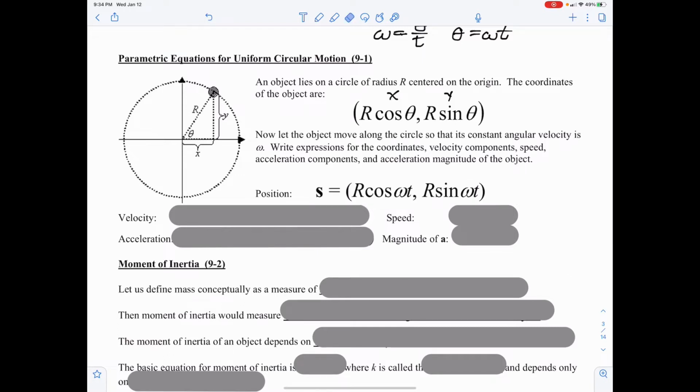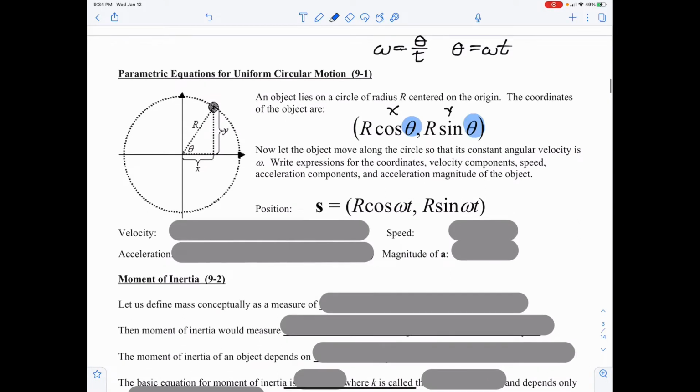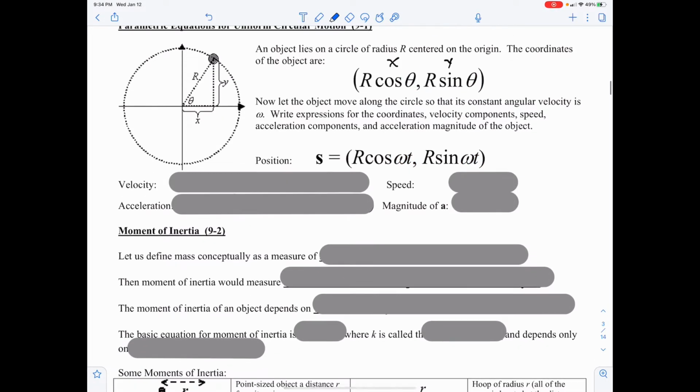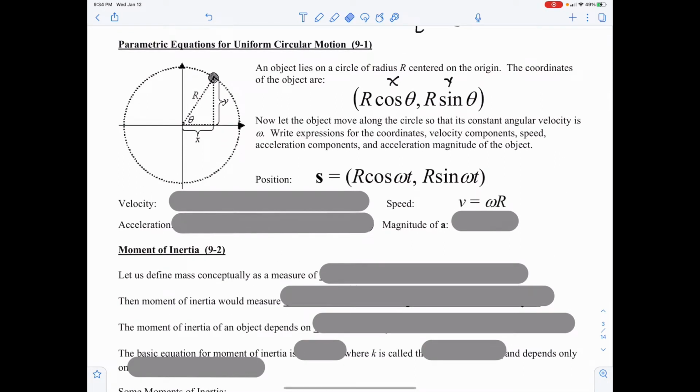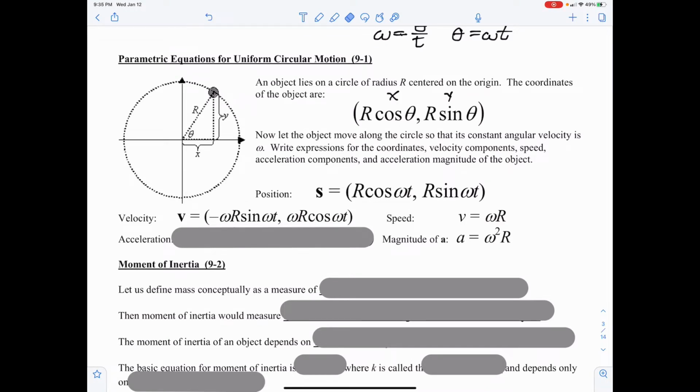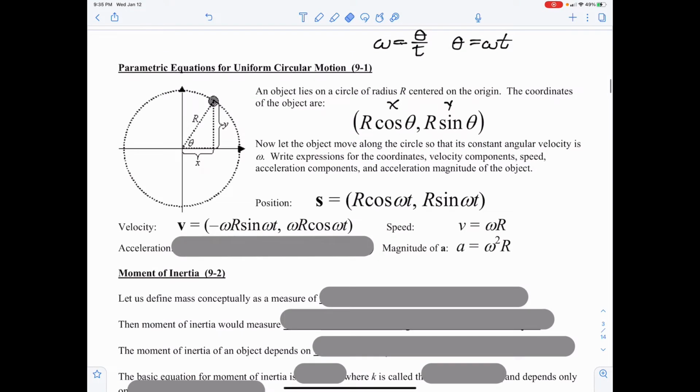Well, for the position, we're going to substitute theta for omega t using that equation right there. And if speed is equal to r times omega, or omega r, you can write it this way, and a is equal to omega squared times r, like we just got done deriving, then you could write the velocity as, all you're doing is just replacing the r.